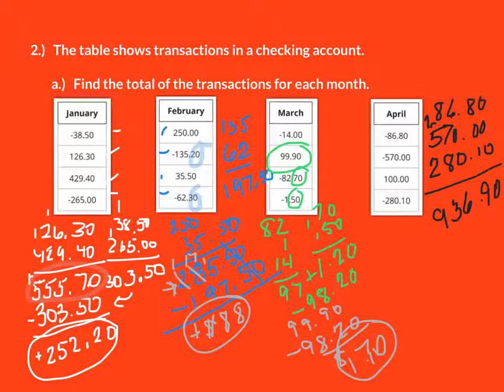This is negative 936.90, and I only have one positive number. So that means it's going to go up by 100. Again, the signs are different, find the difference. But hopefully you're seeing that this is negative $936.90. I only add 100 to it, so that's still going to remain a negative number. So that's negative $836.90.